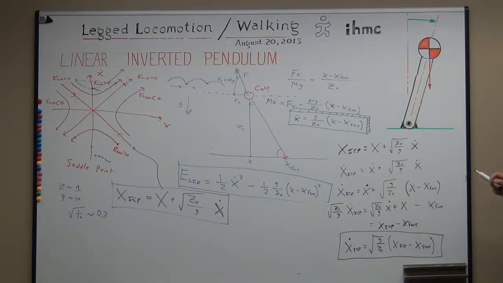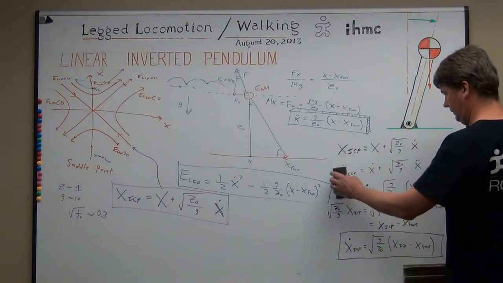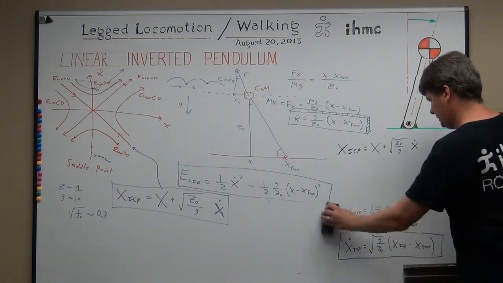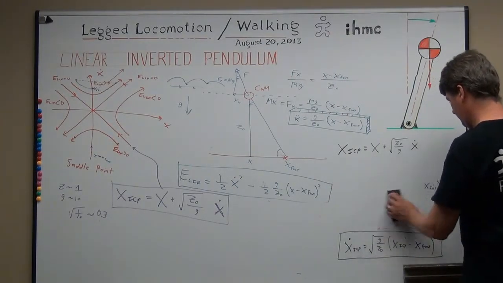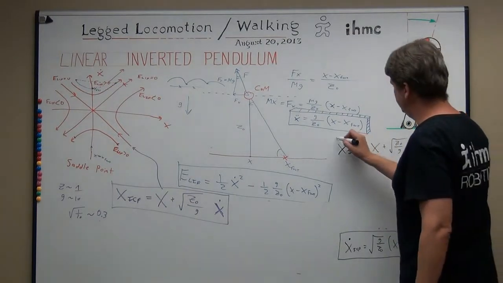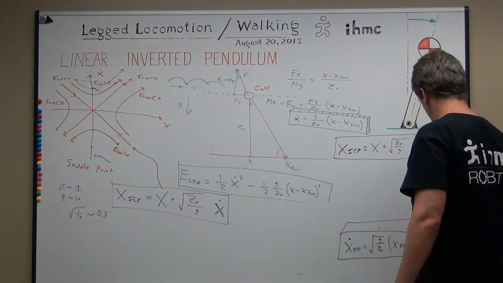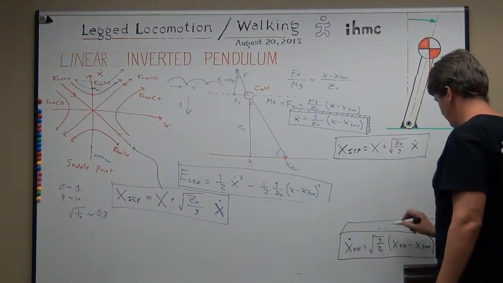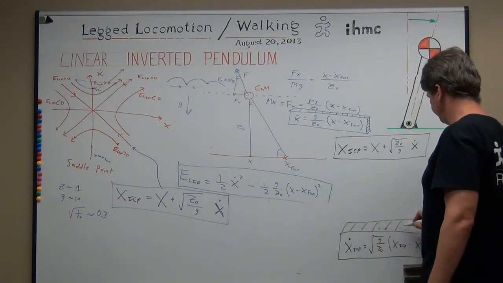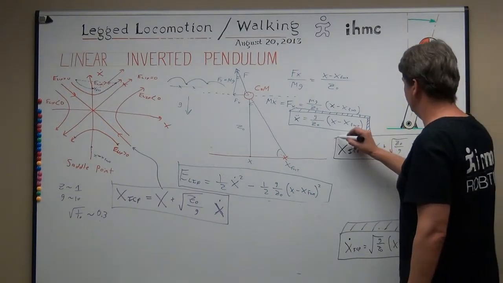Okay, all right, so let me just get rid of the derivation, it's not important anymore. So here's the definition of XICP, and here are the XICP dynamics, the instantaneous capture point dynamics for the linear inverted pendulum.